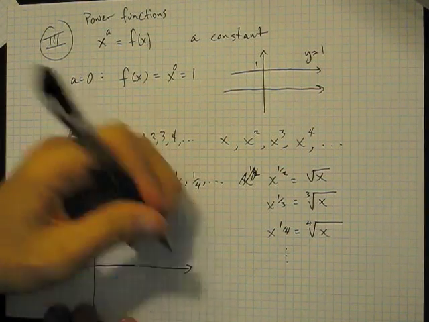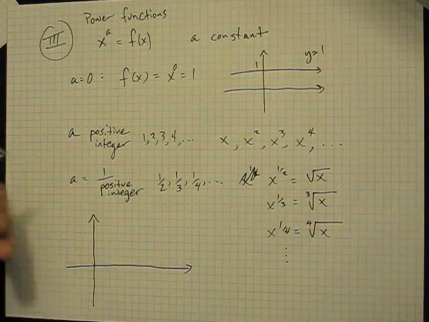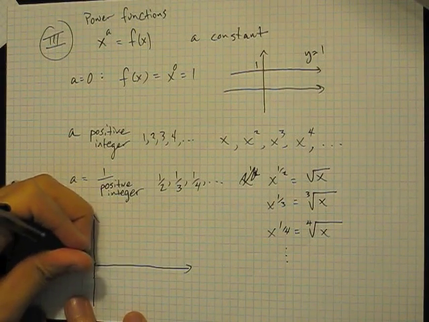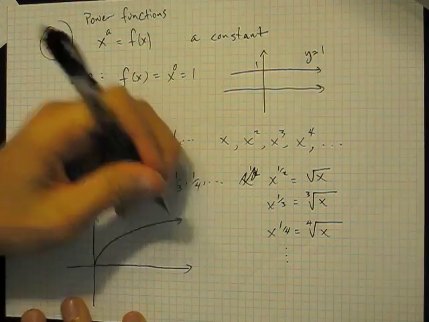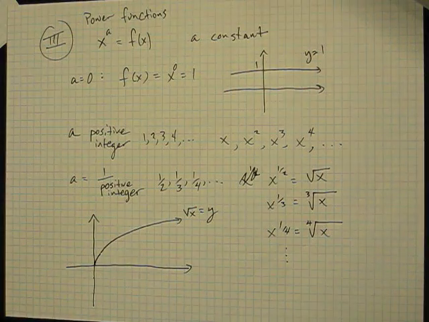Okay, so the graphs of these look very similar to the graphs of x squared, x cubed, x to the fourth, just tilted. So if we're looking at the graph of the square root of x, this is y equals the square root of x.